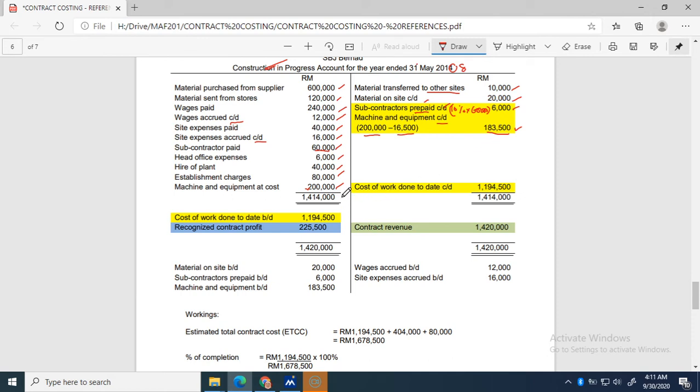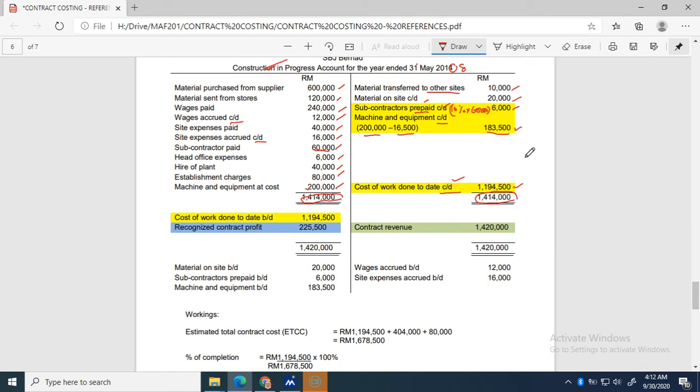Then finish recording. You total up all the costs, the debit side 1,141,400. So the credit side also the same amount. And then you get the balance 1,194,500. So 1,194,500 is the cost of work done to date carried down.